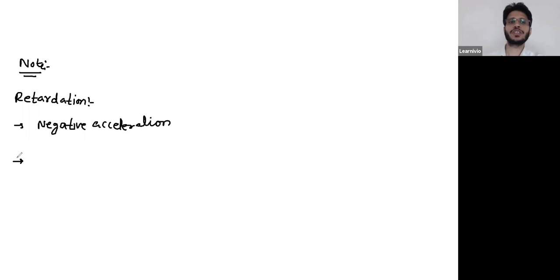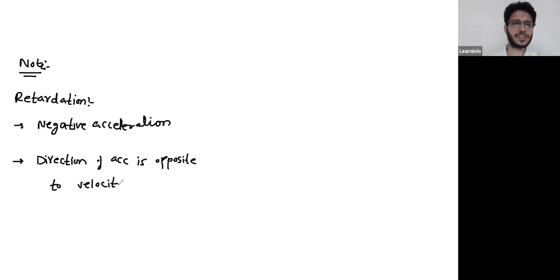Negative acceleration means acceleration is acting in a direction opposite to that of velocity. Means if the body is moving in this direction, then acceleration is in the opposite direction, and that means force is in the opposite direction.